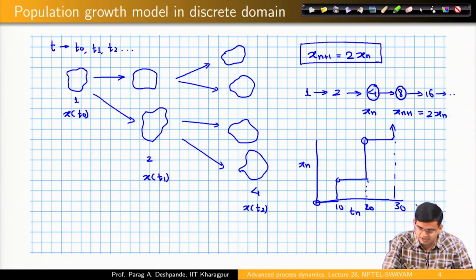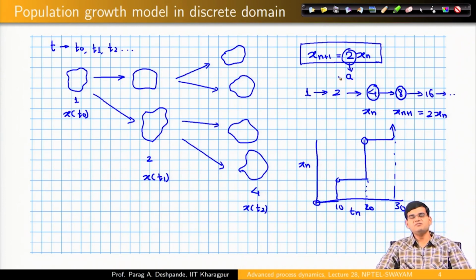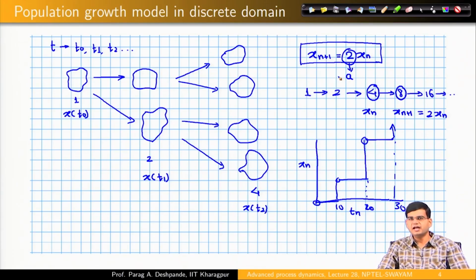And therefore, this number 2 can be changed to some other number a, which basically would tell the fraction of the bacteria which undergo binary fission at any given instant of time.